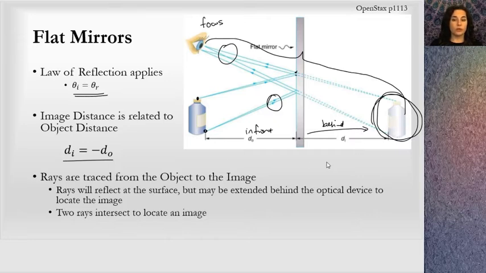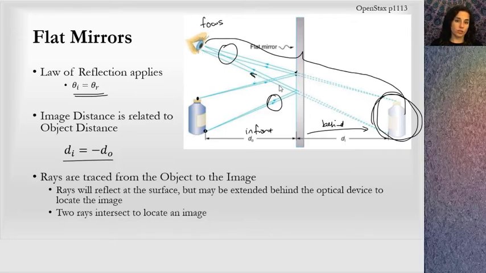And we call this a virtual image. Rays are traced from the object to the image. They leave the object, they bounce off the mirror with the law of reflection, and then we trace them to the eye, and the light actually goes along this path.